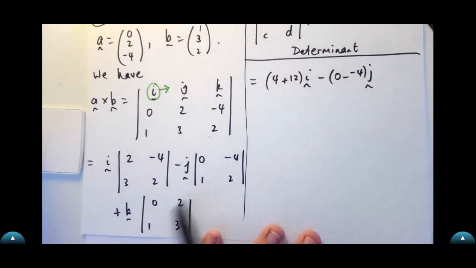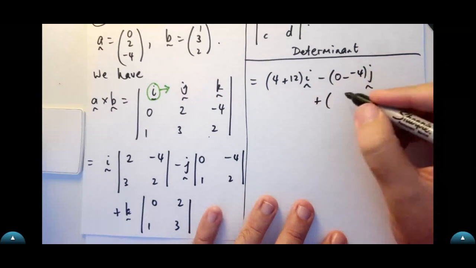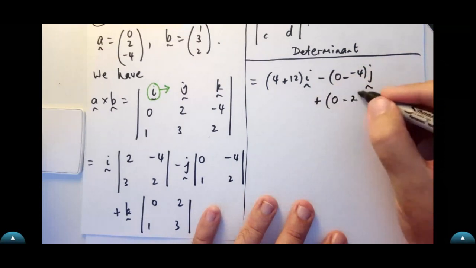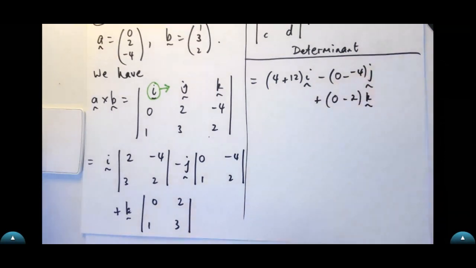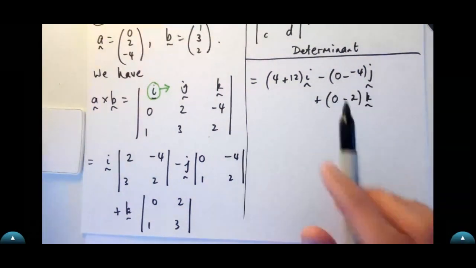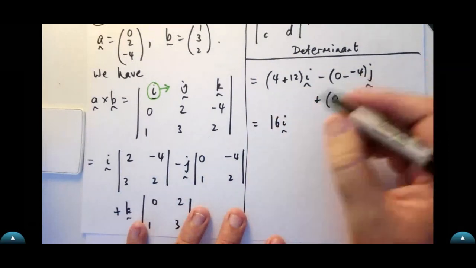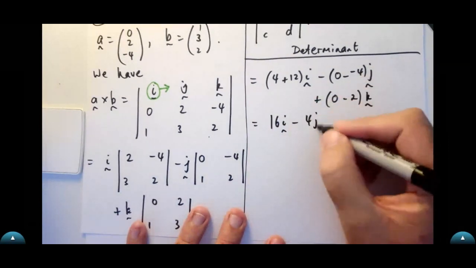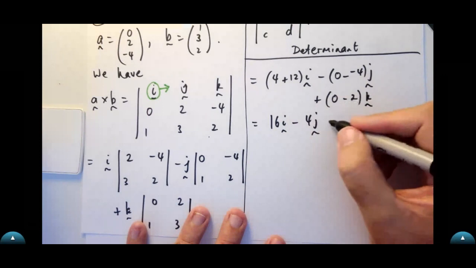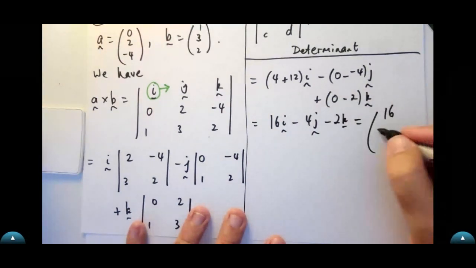And lastly, 0 minus 2 times 1. Okay. So now you just need to simplify these things, right? So that's going to be 16i minus 4j minus 2k. If you want to write it as a column, feel free.